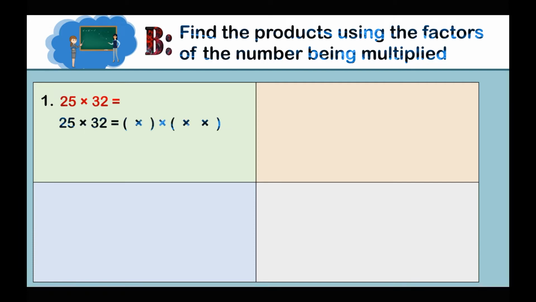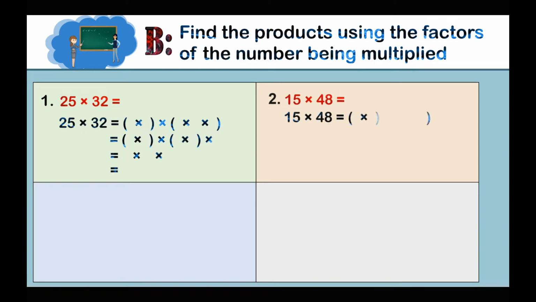Let's try this one. Let's fill in the empty spaces to find the answer. Number 1, 25 times 32, using the factors of 25 multiplied by the factors of 32. Number 2, 15 times 48, using the factors of 15 multiplied with the factors of 48 to arrive at the answer.